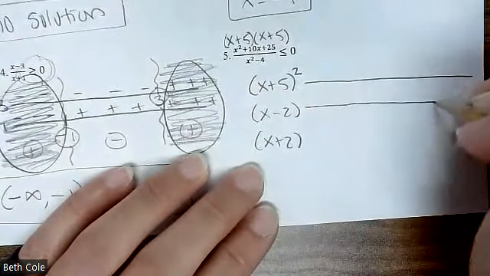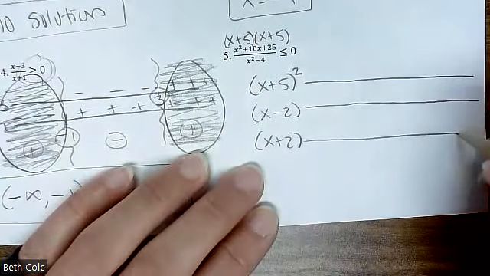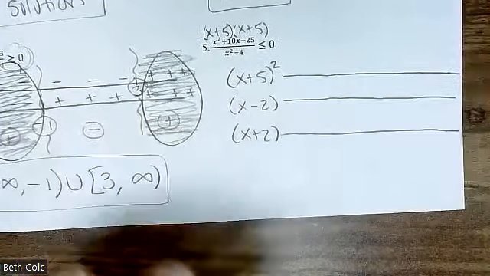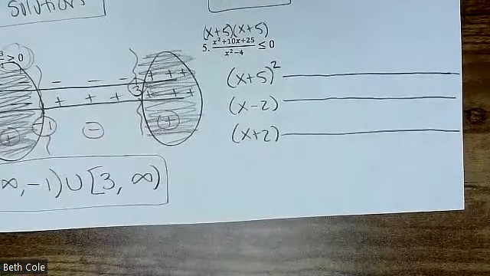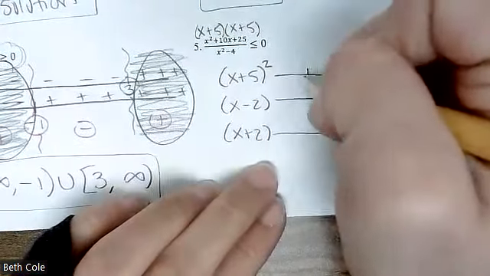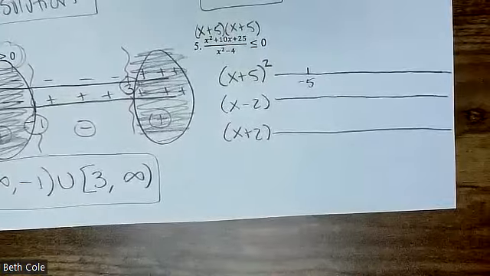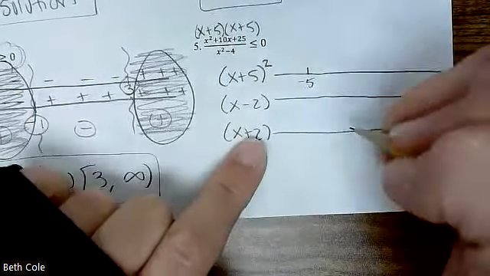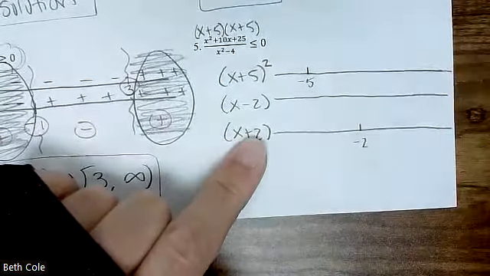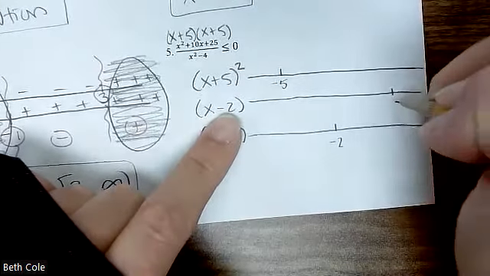We're going to have number lines for both of them, and then you're going to put where they equal 0. What's going to be the smallest one? Because you have to go smallest to biggest. -5, very good. And then the x plus 2 gives you -2, and then +2.